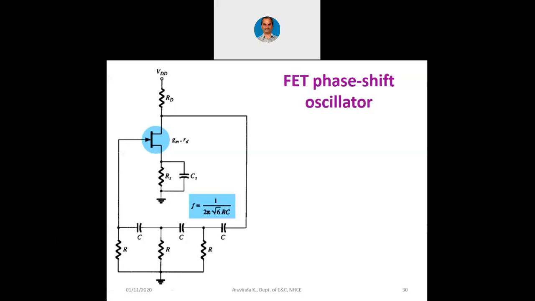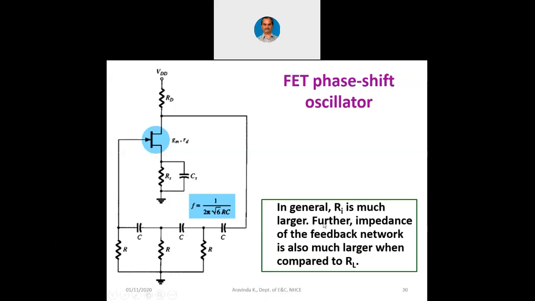Even a fixed bias configuration also can be used, but not voltage divider bias, because that R1 and R2 are going to come in parallel with the actual R which is used here. That is the care which we have to take when we use FET as the phase shift oscillator.